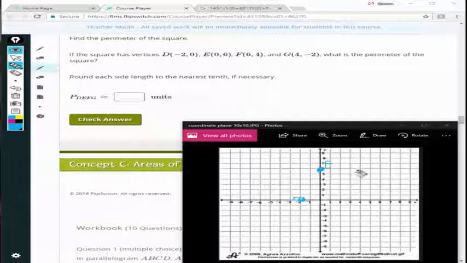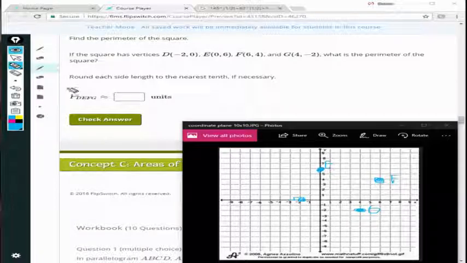F is at 6, 4. And G is at 4, -2. And that is G.